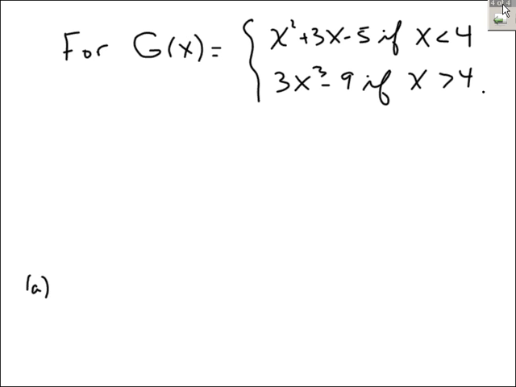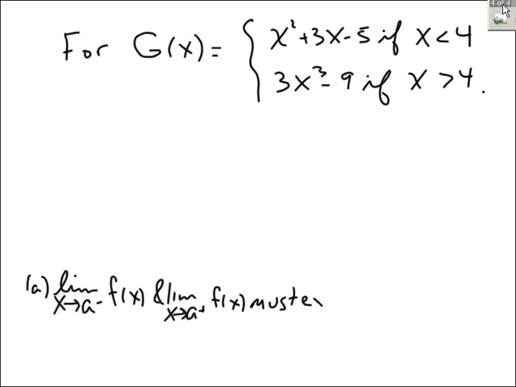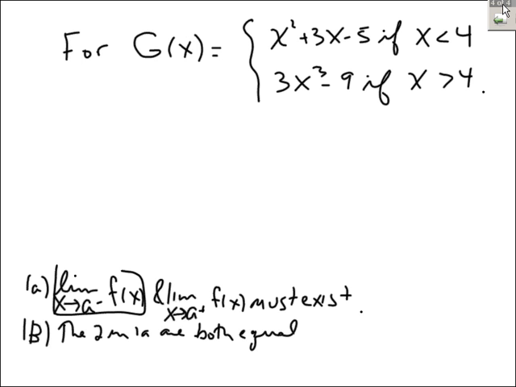Let me try to write down those 3 criteria. The limit as x goes to a from the left of f of x, and the limit as x goes to a from the right of f of x must both exist. And 1b, they're equal. The 2 and 1a are both equal. These two must be equal.